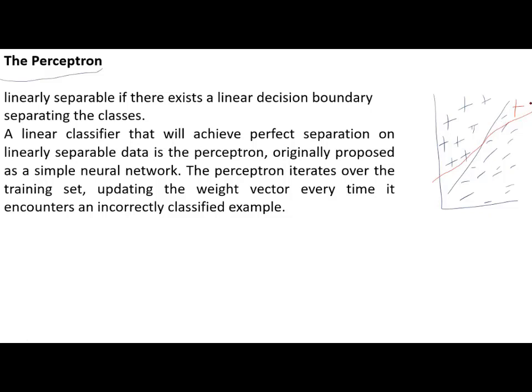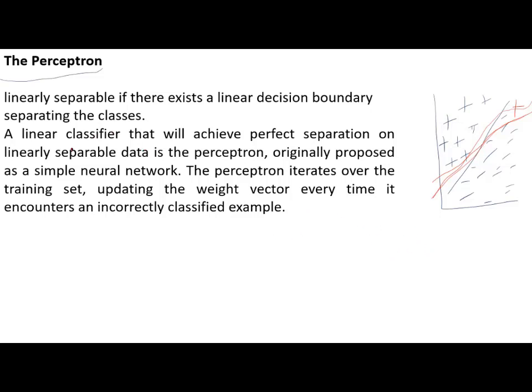It should not have any curves like this, but it has to give you a separation. This is called separable. Positives and negatives are separable. We have to draw a line which separates all positive and all negative examples.